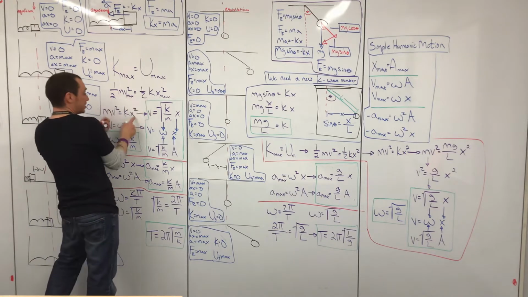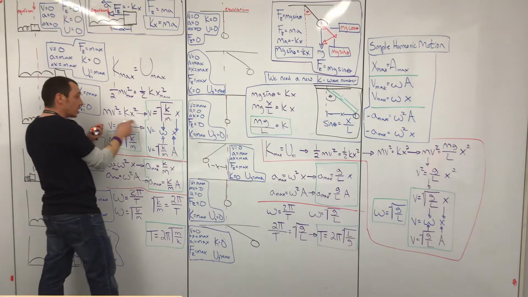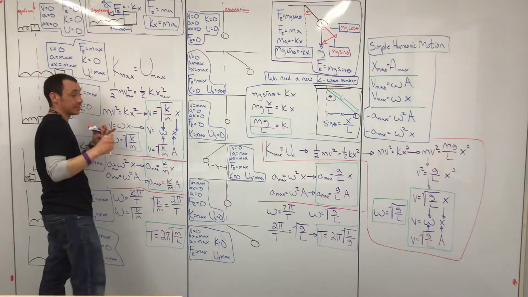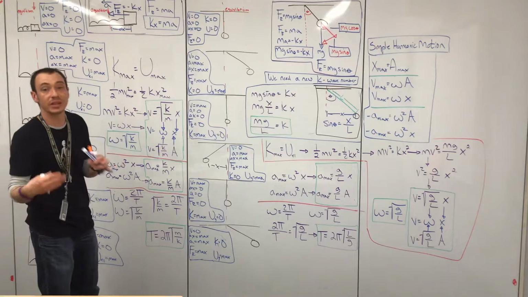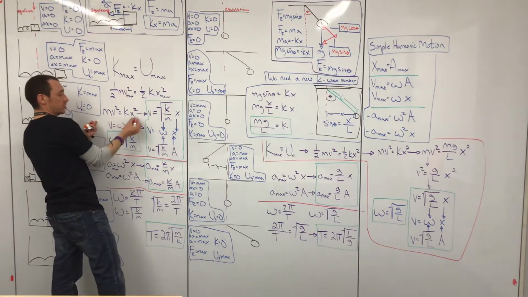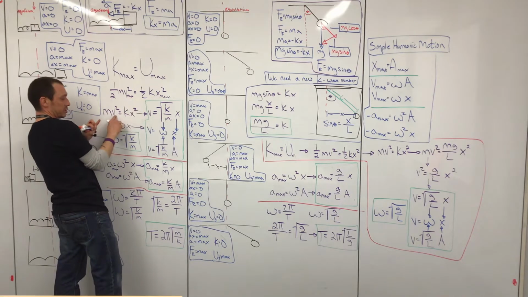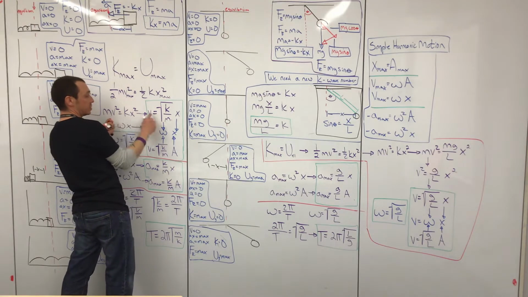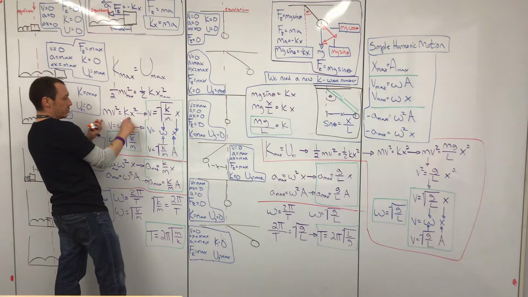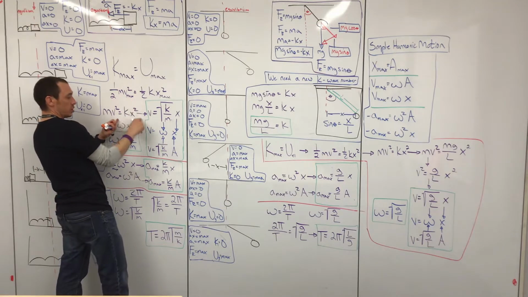After the 1/2s cancel out, we want to solve this equation for velocity, because like I said, when we solve this equation for velocity, we can indirectly get omega. So when we solve this equation for velocity, this is velocity squared, so to get rid of the velocity squared, m's going to come under k, and we're going to square root this whole side.